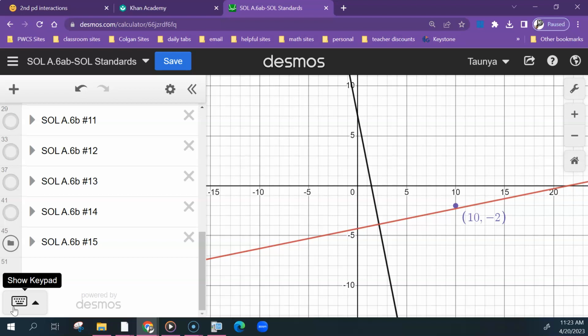The ones that are due next Thursday are A6c, that's just one question, and then A7a through D. So A7a, B, C, and D, and then A6c. And we're almost done with these. So do make sure you're going back and trying those.